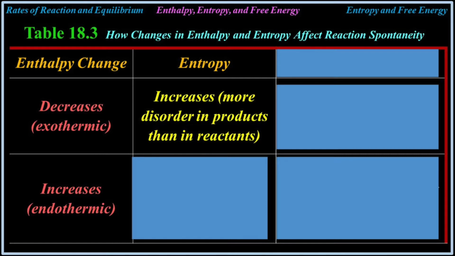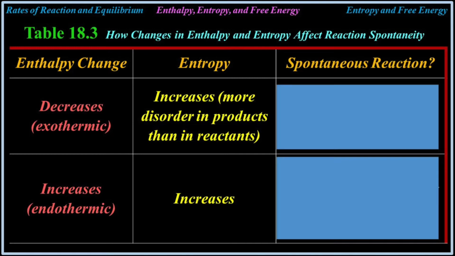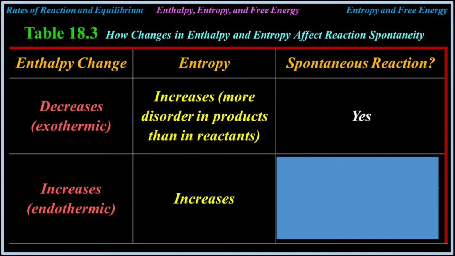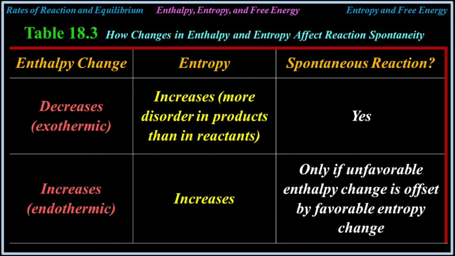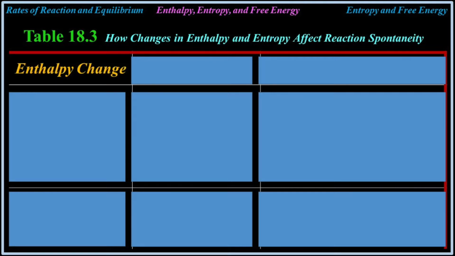If you don't understand, you have two options. One, go back and read the section, and or two, ask me in class. Very powerful table. Notice when temperature is a factor in determining spontaneity.